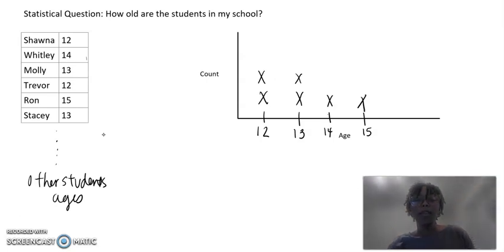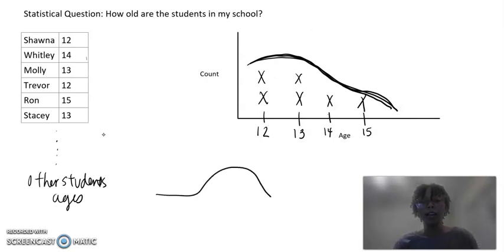Okay. And then we also have the shape. So we have some shapes that describe the distribution. So we have a shape kind of like, I'm not an artist, it's like this, where you have this type of shape.